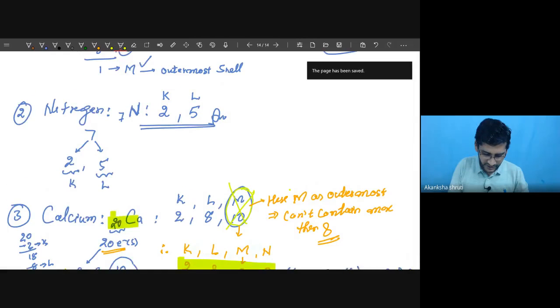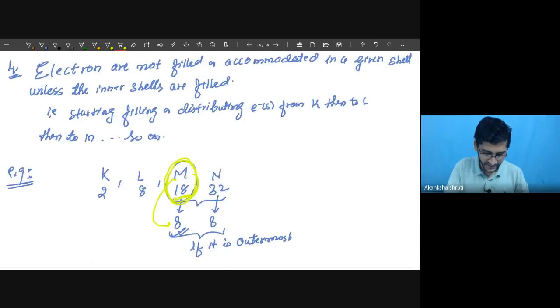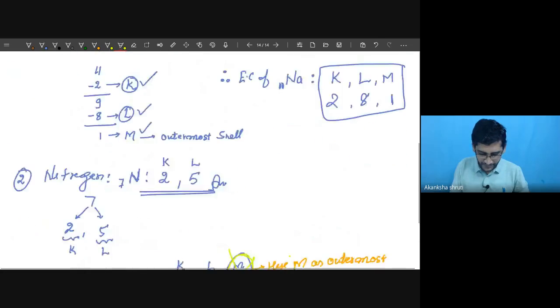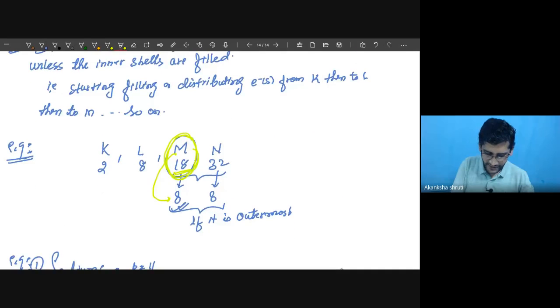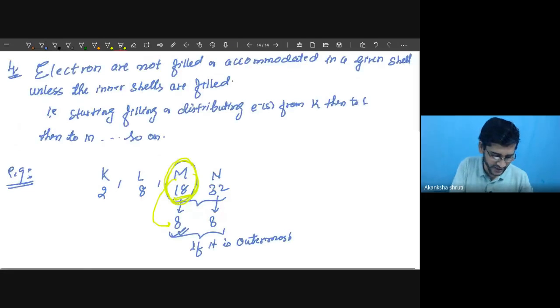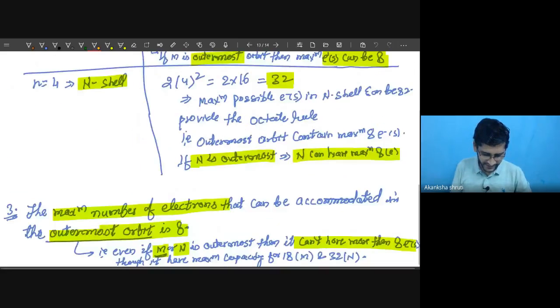So this electronic configuration of calcium is very important and it is in your book. So this way you have to write the electronic configuration of every element. So filling we have done after giving the K 2, L 8, then we have gone to the other. This fourth one we had applied. Then before this, for calcium, what we had applied?